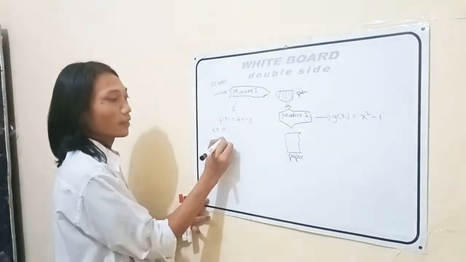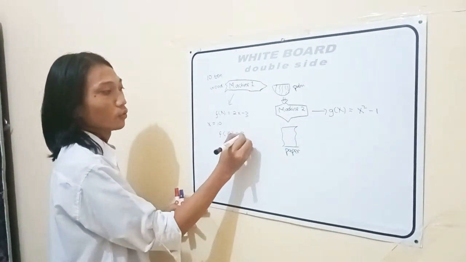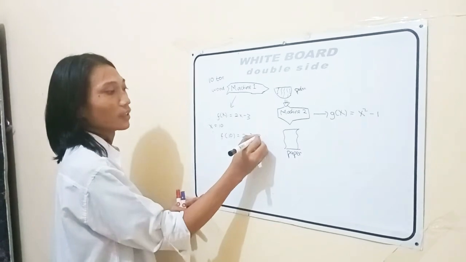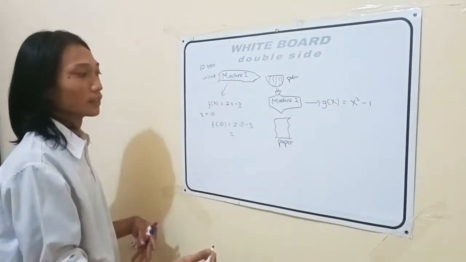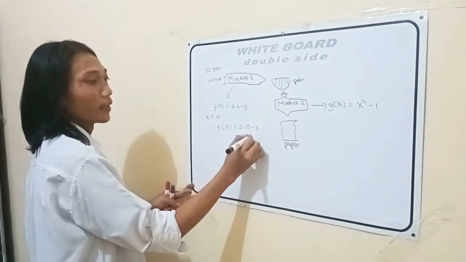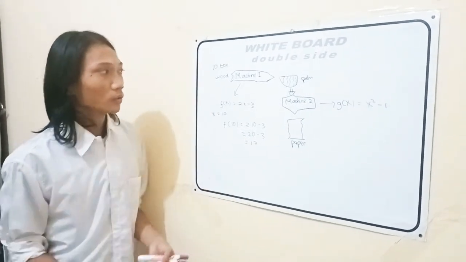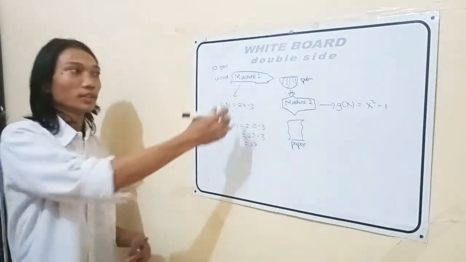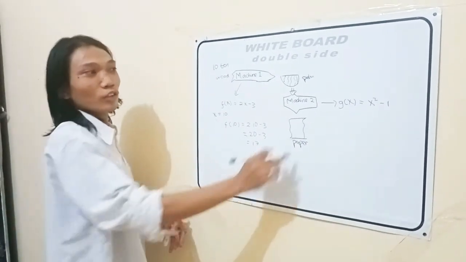Then we get f(10) equals 2 times 10 minus 3. We do the algebraic operation and get 20 minus 3 equals 17. So after we use machine 1, we have 17 tons of pulp.